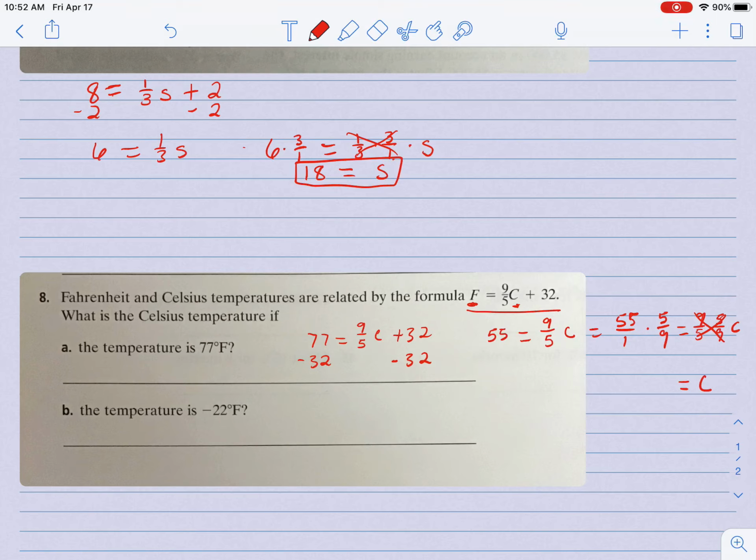And then same thing is going to be 55 times 5/9. So we check and see if there's any cross multiplication we can do. Doesn't look that way. So we just take 55 times 5, which is going to be 275 divided by 9.